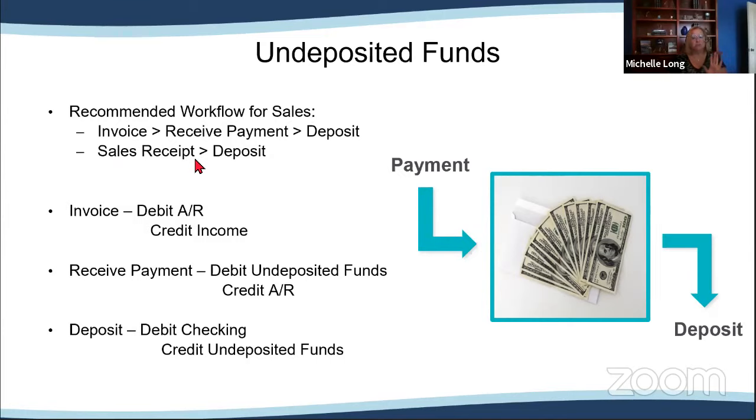I wanted to cover some of the basics. Y'all probably know this, but it's a refresher, because we do have new people on here all the time. The recommended workflow for sales in QuickBooks, whether desktop or online, is to create an invoice, then sometime later you receive payment, hopefully, and then you make your deposit. Or if you're paid at the time of sale, you do a sales receipt, then create your deposit. If you have several payments to deposit, you need to add those together.